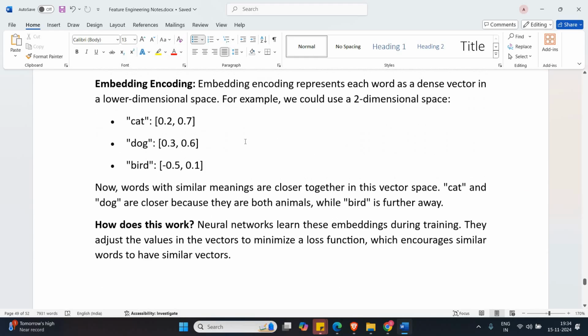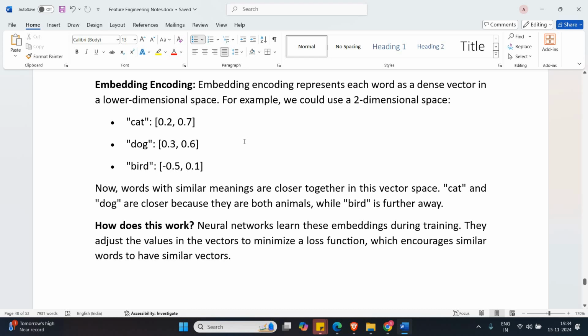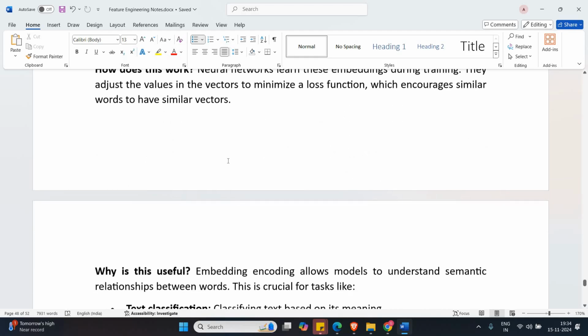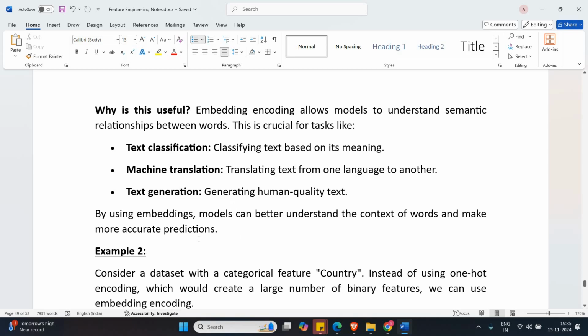In the case of text generation, if you have to generate new text or the next word in a sentence, suppose you write "my name is", or you have written "good", then it could be morning, evening or anything. Based on the existing data, it can learn the pattern for text generation.